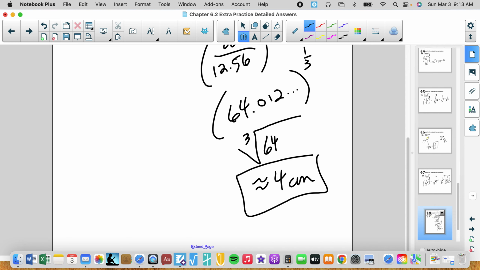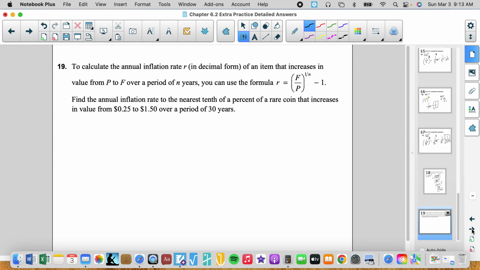Yep, we'll take that. To calculate the annual inflation rate, R, in decimal form, of an item that increases in value from P to F over a period of n years, you can use the formula R equals F over P to the 1/n minus 1. Find the annual inflation rate to the nearest tenth of a percent of a coin that increases in value from 25 cents to $1.50 over a period of 30 years.